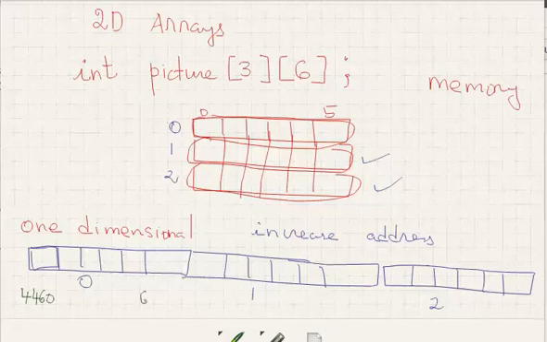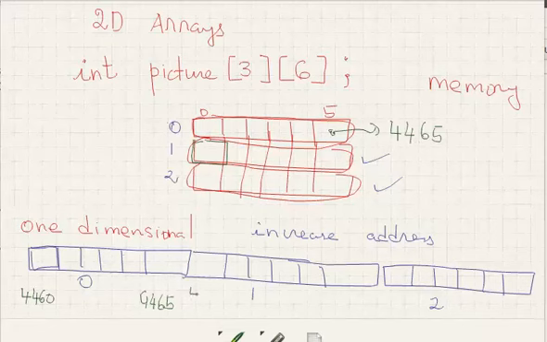So 4465 is the address. The next element is stored very next to it.